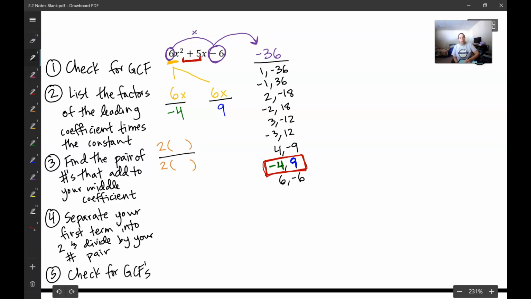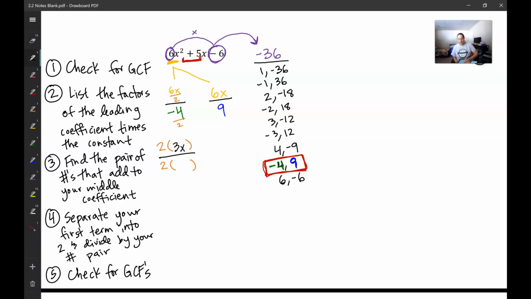So when I take a 2 out of the top, and remember when I say take out, that really means, here, let me rewrite it. Whenever I say take something out, I really mean divide. So I'm going to divide both of these by 2. So when I do 6x divided by 2, I'm left with a 3x.